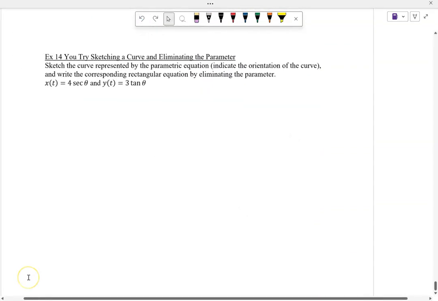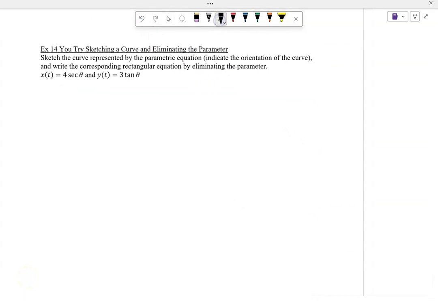We got another good you try problem. If you do want to pause the video, that'd be great. I'm going to go ahead and eliminate the parameter first. I know 1 plus tangent squared equals secant squared theta. And from the second equation, tangent theta would be y over 3.